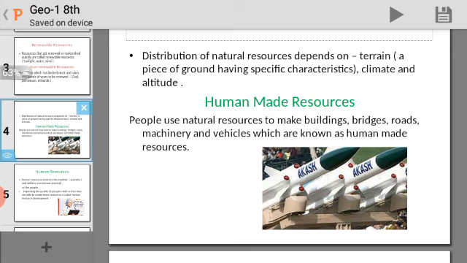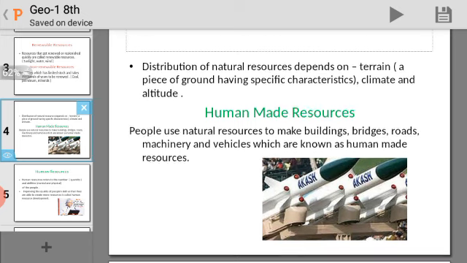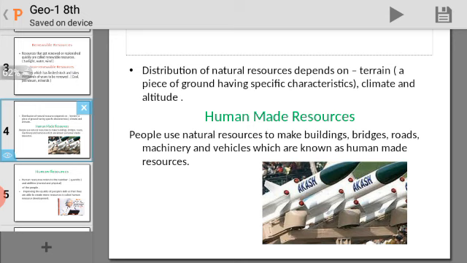So the distribution of these resources will be different in different areas depending upon the quality of the ground or the land, climatic condition and the distance from the sea.